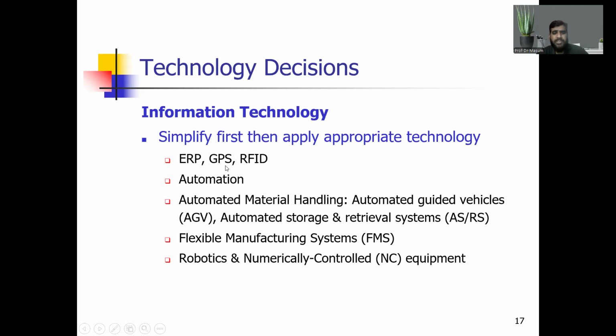Global positioning system is there. You can monitor the performance sitting at home. An RFID, radio frequency identification number, is given to each and every component of the manufacturing process, because when you are transferring one product to another, you need to check what type of product it is and where it will go. If you scan it using RFID, automatically it will go to the right track.